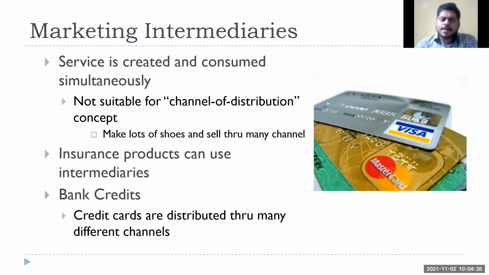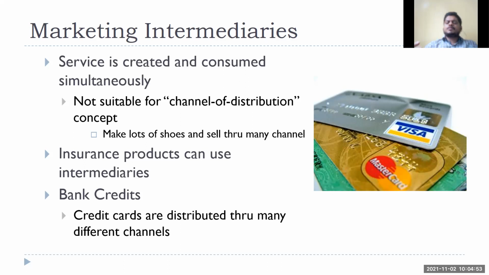Most of these marketing intermediaries generally tie up with different companies, like petrol pumps, petrol companies. Generally, ICICI might have a tie-up with IOC or BPCL or HPCL. They provide those credit cards. So credit card is one example where marketing intermediaries might come into the picture, right?